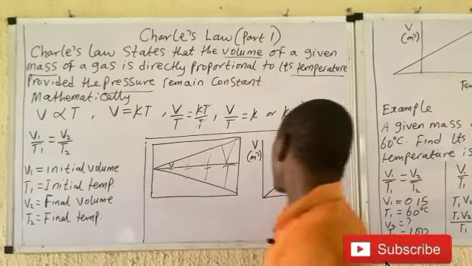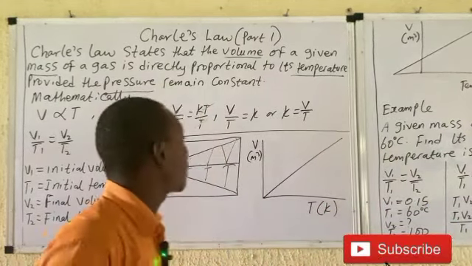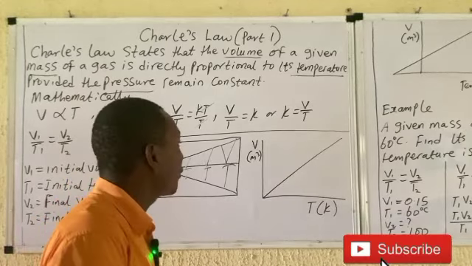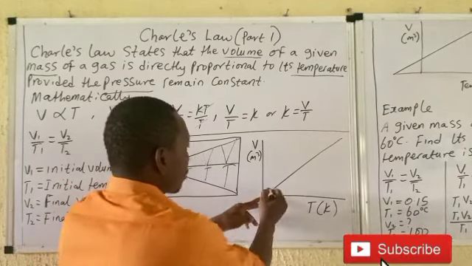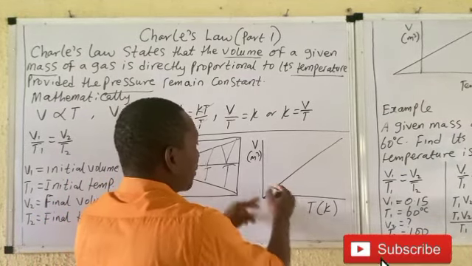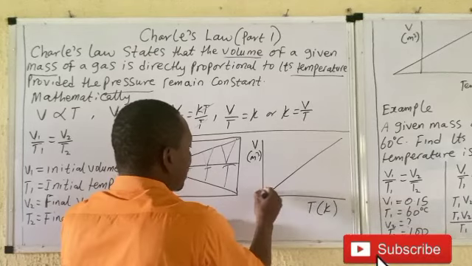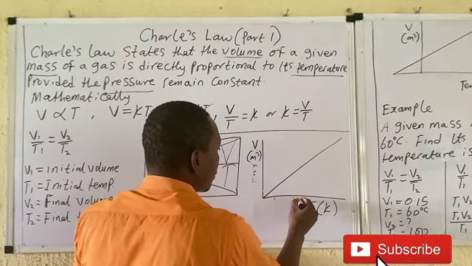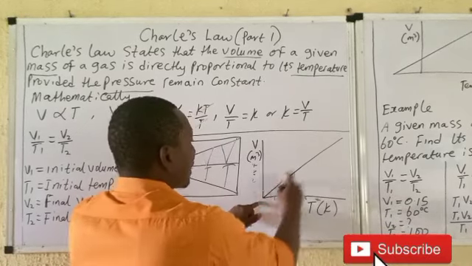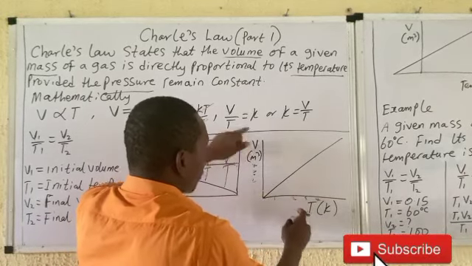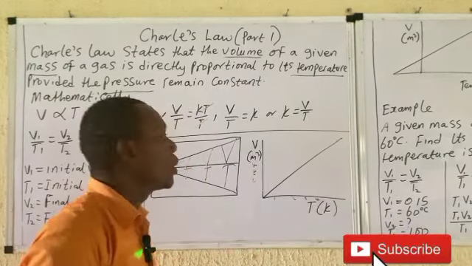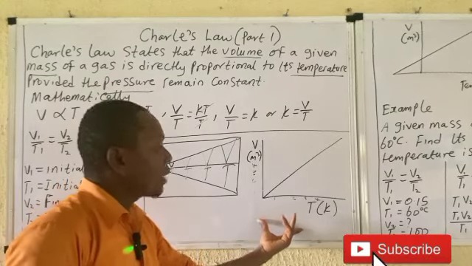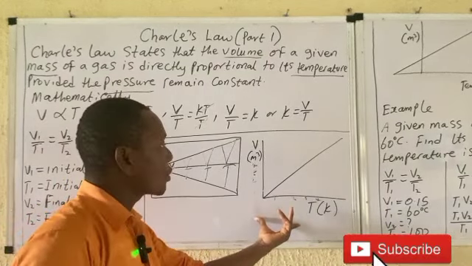So it can also be represented in a graphical format like this, where the volume is going up while the temperature is also going up. You can label this as 1, 2, 3, 4. Realize that as you're going this way, this is increasing and this is increasing. So this is a graphical representation of Charles' law.